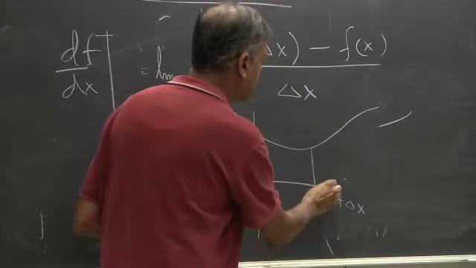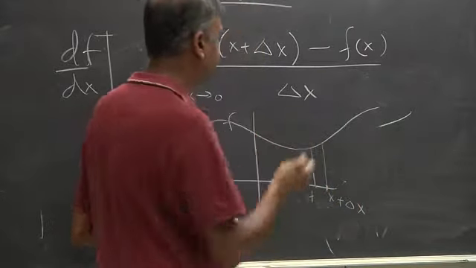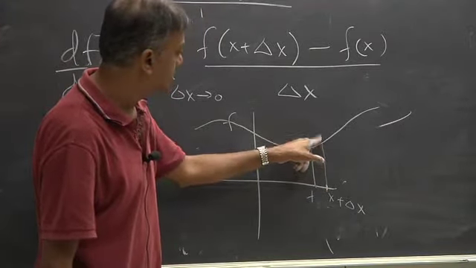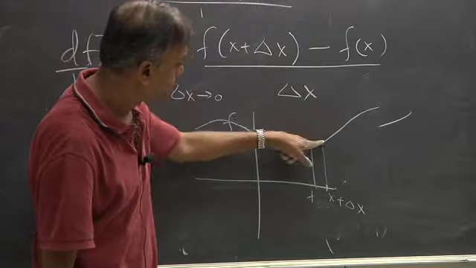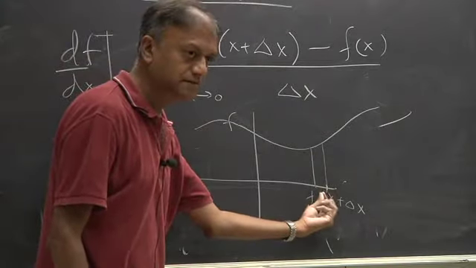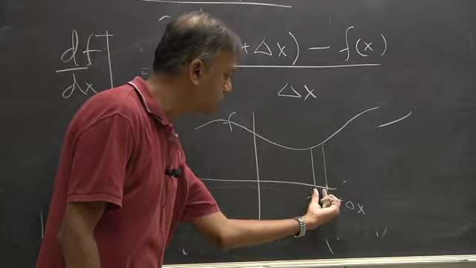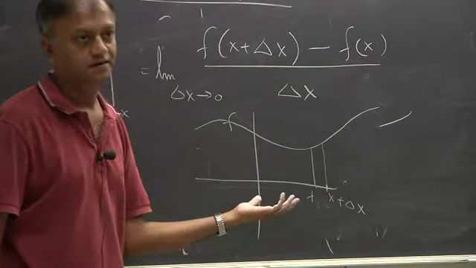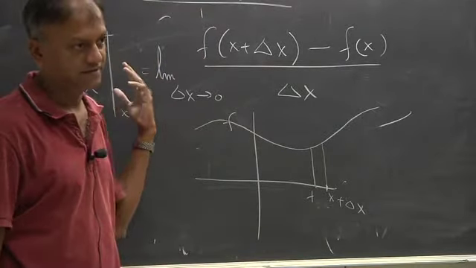You take the value of f at x plus delta x, so that will be some value here. You take the difference between these two values, divide by delta x, and then take the limit of delta x going to 0. So if that limit exists, then you say that that is df by dx.